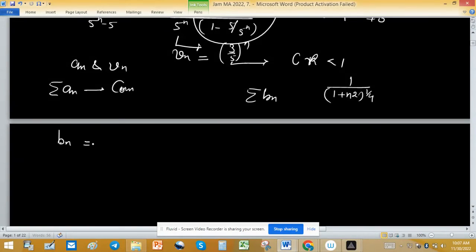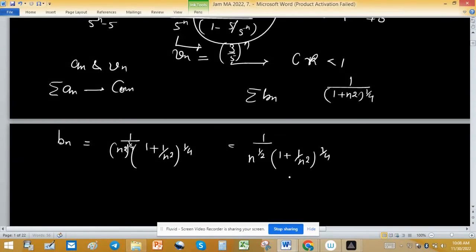So you can write bn as 1 upon n square within bracket 1 plus 1 upon n square raised to the power 1 by 4. Also power 1 by 4 here. So what we have? We have 1 upon n raised to the power 1 by 2 within bracket 1 plus 1 upon n square raised to the power 1 by 4.